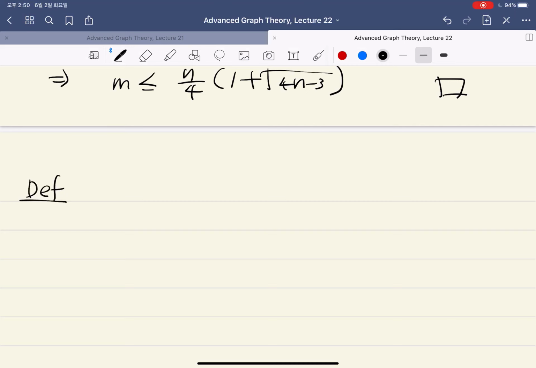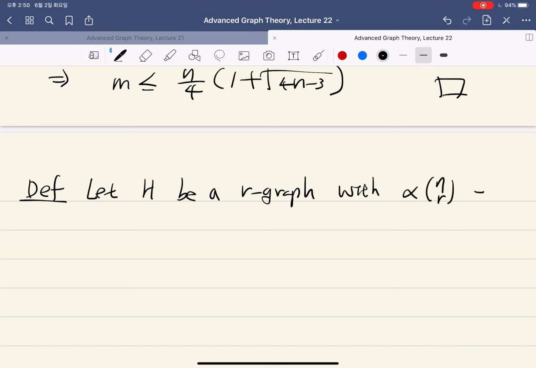Now let's consider some Turán numbers of hypergraphs. Let H be an r-graph with alpha times n choose r edges.